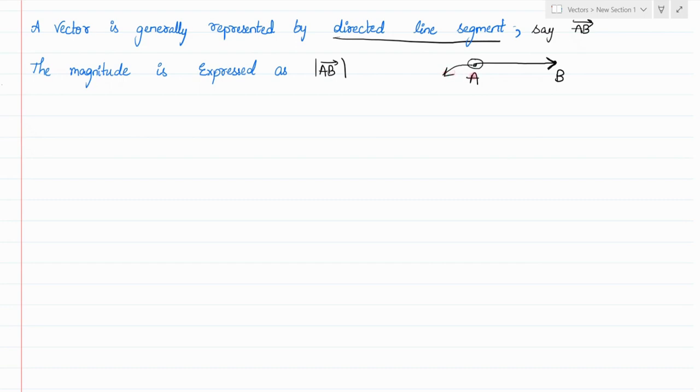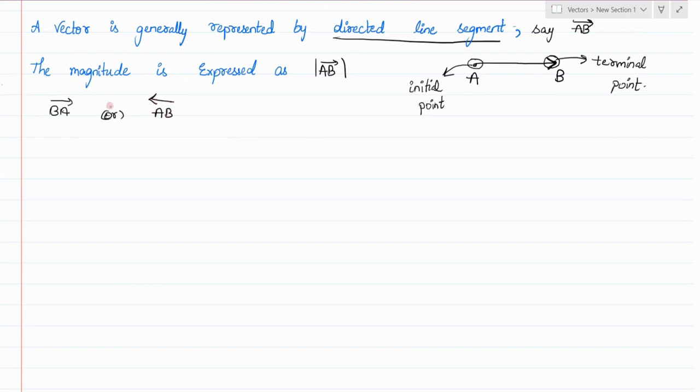The point from where you are starting the vector is called the initial point. And the point which is terminating, which tells about the direction, is called the terminal point. So these two points define the vector. Now there's a question for you. If we say BA is a vector, do we write it like this or like this?